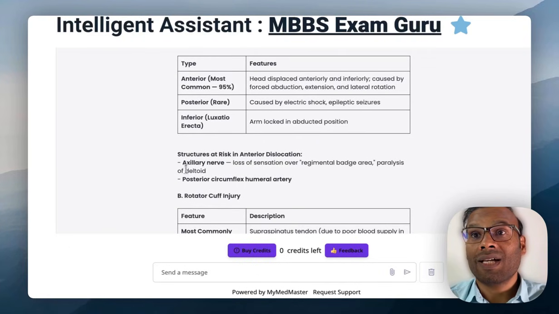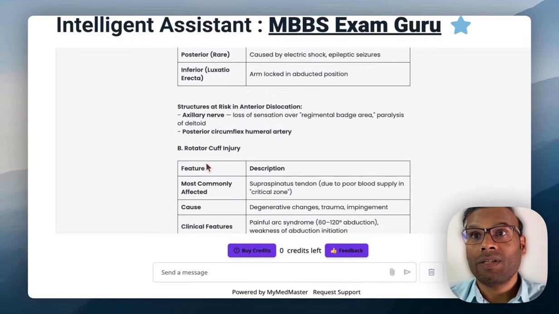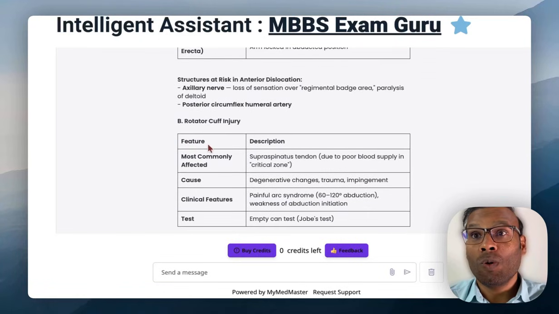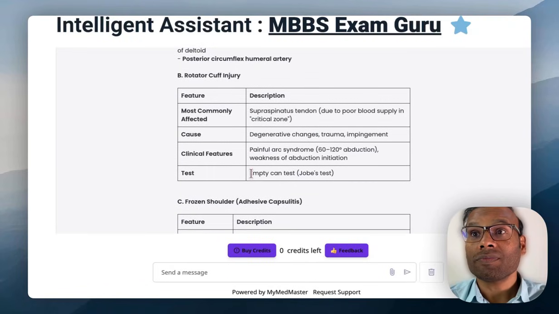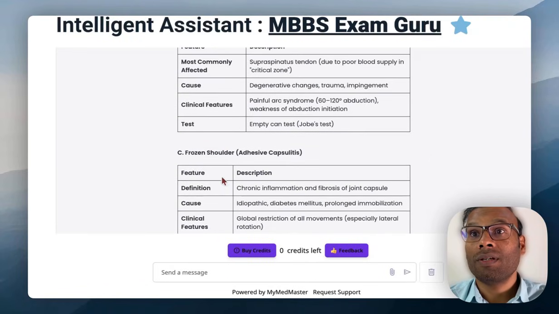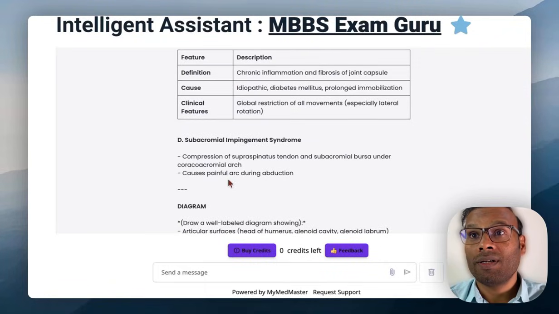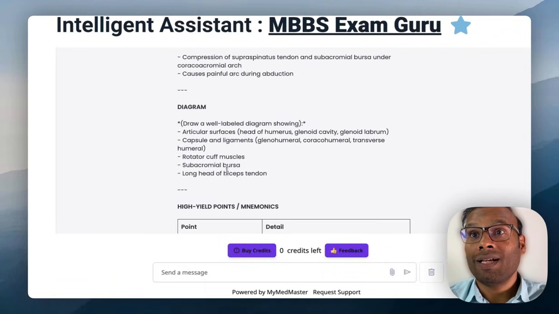It has given which structures are at risk. The most commonly affected tendon, it has given, and the reason is also given, which test can be used. Then frozen shoulder, and it also mentioned which diagram you should draw.